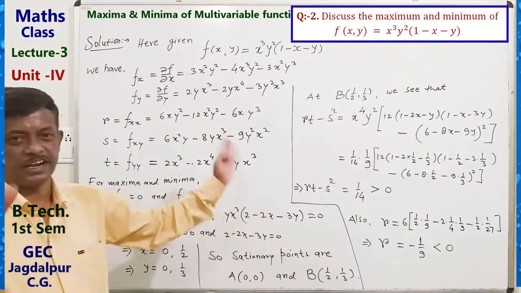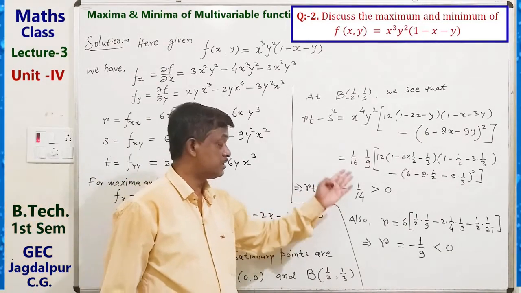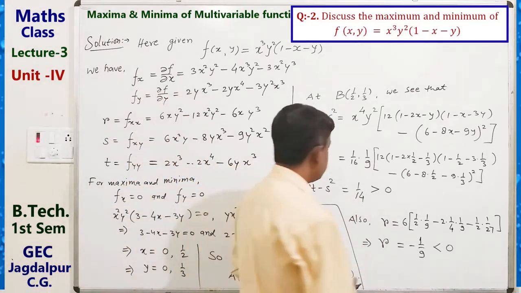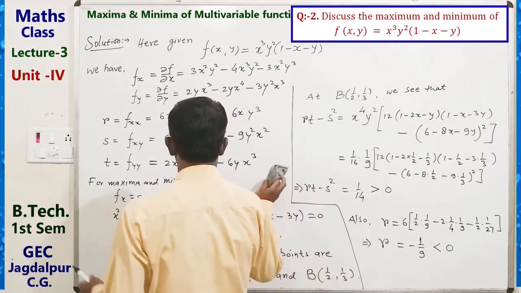So here we see that RT minus S square is greater than 0 and R is less than 0, that is a maximum point.